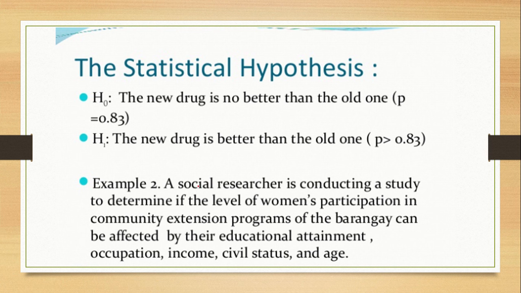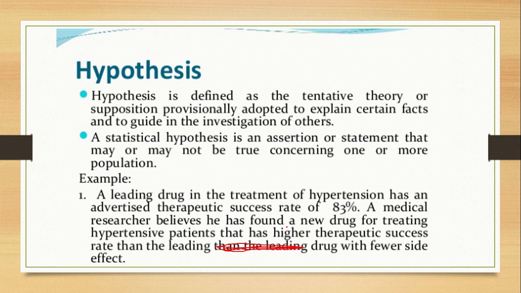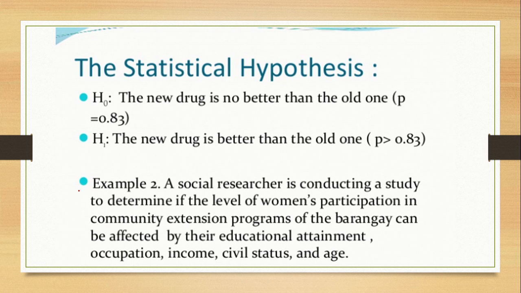Example 2. The other one, we have a social researcher conducting a study to determine if the level of women's participation in the community extension program of the barangay can be affected by their educational attainment, occupation, income, civil status, and age.